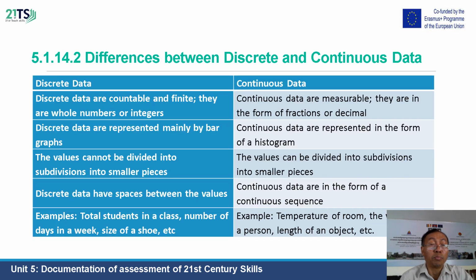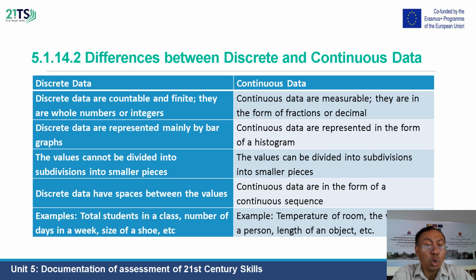Here are some comparisons of the differences between discrete and continuous data. Studying this table gives us more information to better understand the differences. Discrete data are countable and finite.